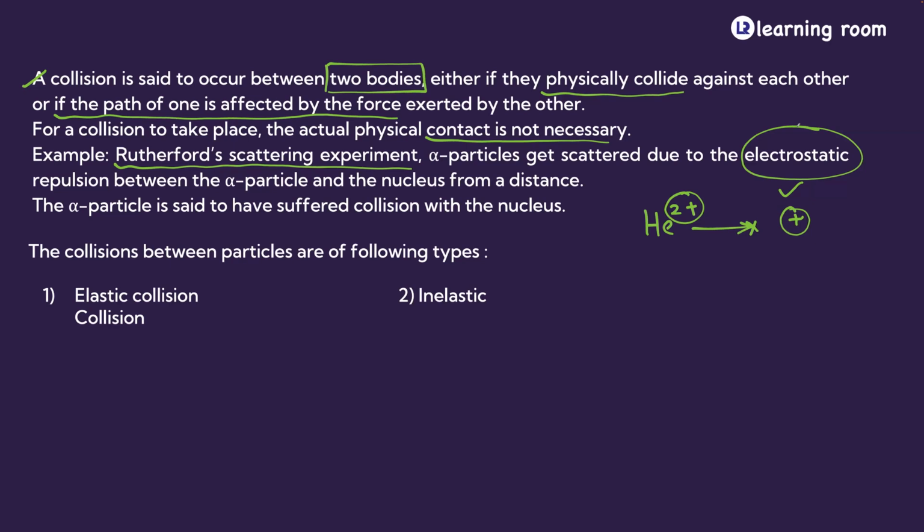So it happened due to the electrostatic repulsion that was taking place between the alpha particle and the nucleus from a certain distance itself. Right? So we can conclude that the alpha particle has suffered collision with the nucleus. Right? So this is the basic introduction of understanding what collision means according to physics. So I assume that you got some perspective out of it.